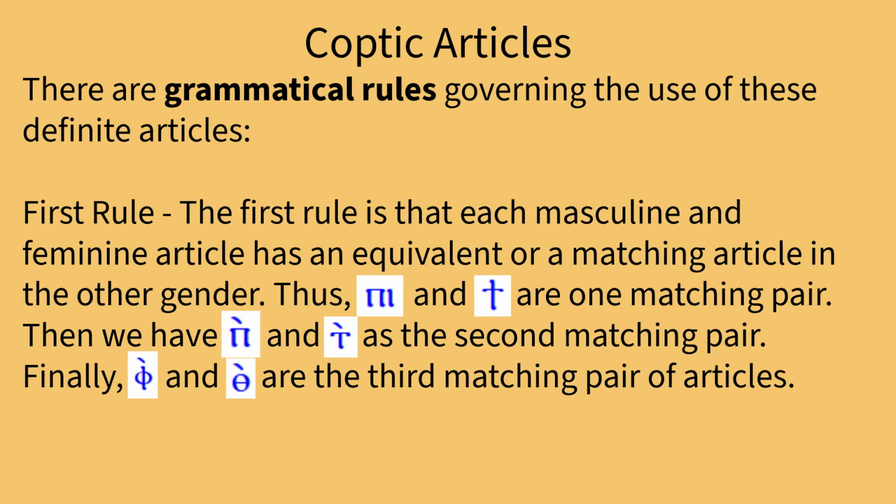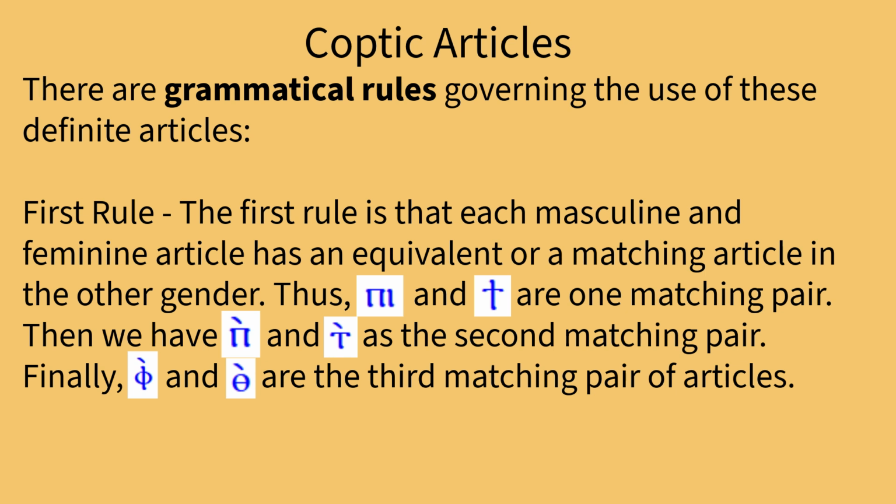So there are grammatical rules governing the use of these singular definite articles. The first rule is that each masculine and feminine article has an equivalent or a matching article in the other gender. Thus, B and D are one matching pair, B being masculine and D being feminine.